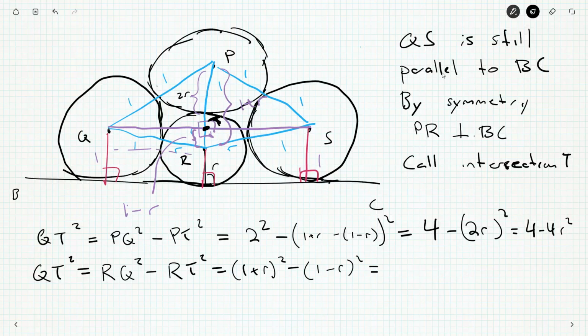A little less helpful, but then I can equate these and I'll get a quadratic in r and probably dismiss the negative answer, that sort of thing. So we get 1 plus 2r plus r squared minus 1, minus minus, so plus 2r, minus an r squared. So it's going to have to be 4r, which is odd, but okay.